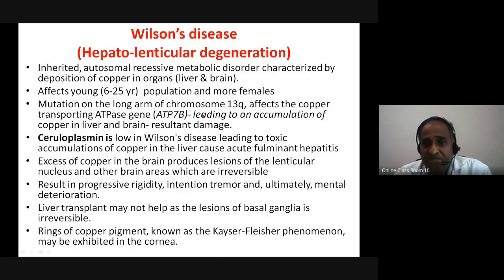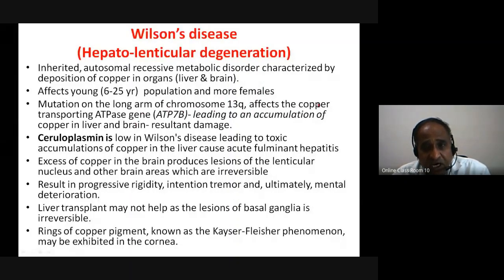This alters the copper transporting ATP gene, that is ATP7B. This 13q chromosome alteration affects the copper transporting.